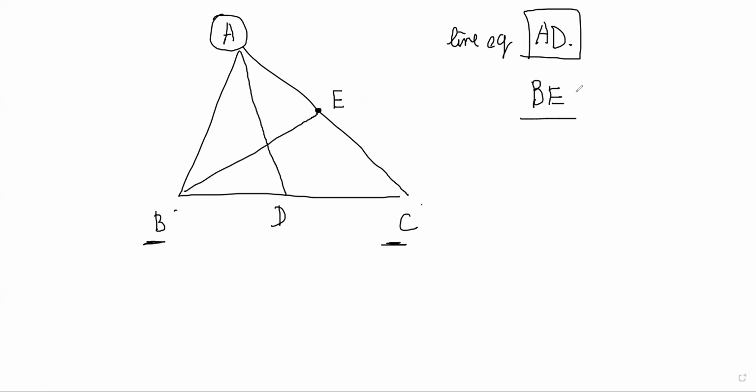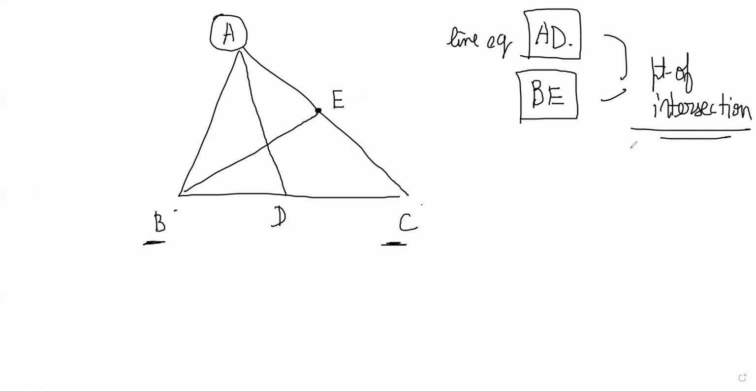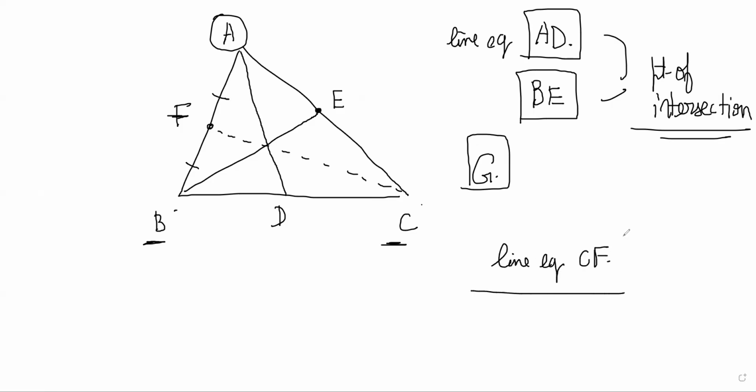So AD and BE equations, if you find, then you should find the point of intersection of these two. That should be the point G. And what you need to prove is that the median CF also passes through G. So what is CF? F is the midpoint of A and B. Find the line equation CF, and you can show that G also lies on CF.